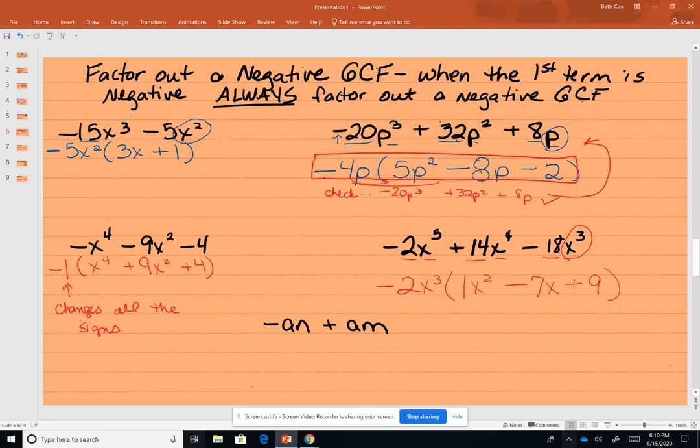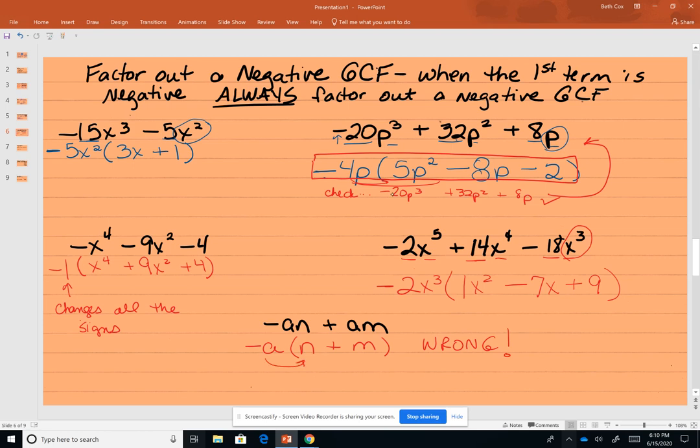Last one for this one. We've got a negative common because the first one's negative, and then we have an a common, negative a. So if I divide that, I'm just going to be left with an n plus m. A little tricky there. Oh, no, that's wrong. Let's check it. How do I know it's wrong?